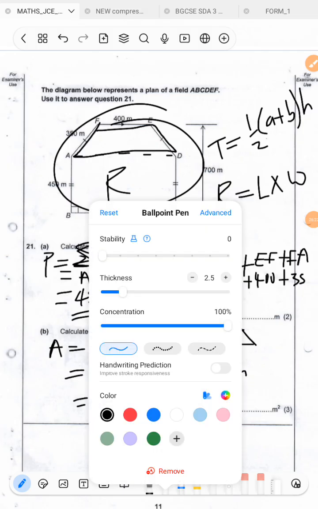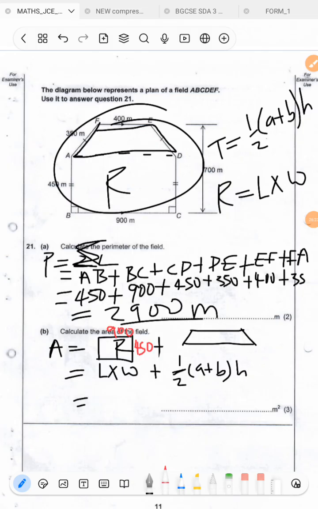So this here, the smaller length there is called A. So that's what A is. Then this one is B, and then the height is going to be this side length here. That's the height.